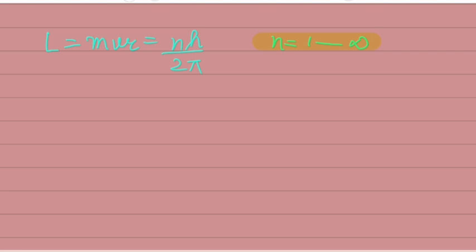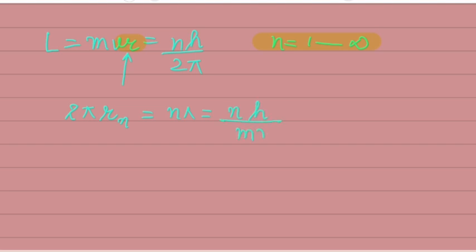So for the electron revolving in the nth orbit, how can we calculate the radius? To calculate this radius, first I will put the value of the circumference, that is 2 pi r, which is equal to n lambda, and it is also equal to nh upon mv.